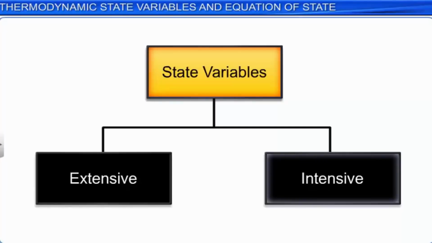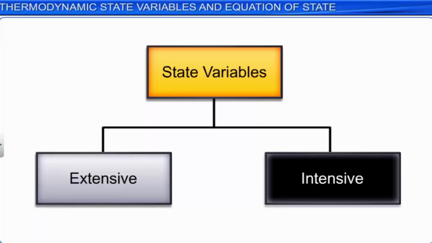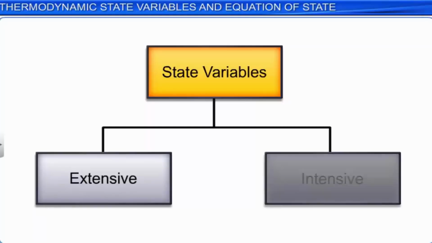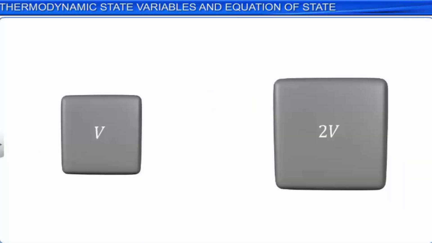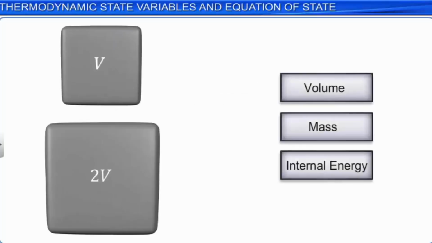The state variables discussed so far are of two types: extensive state variables and intensive state variables. A state variable that depends on the size of the system is called an extensive variable. For example, the volume of a system depends on its size and hence it is an extensive variable.